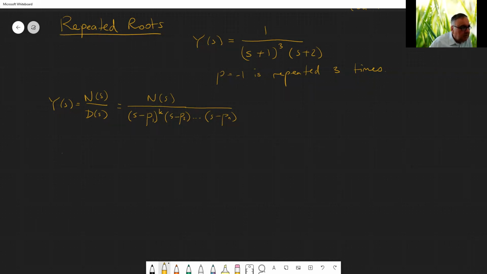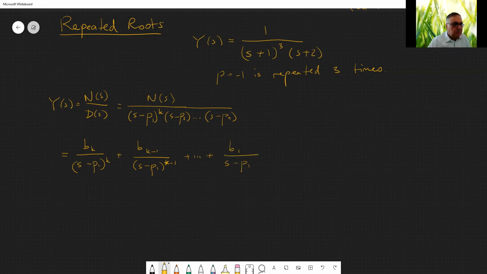In which case, we can write it as b_k over (s minus p1) to the power k plus b_(k minus 1) over (s minus p1) to the power k minus 1 plus, and so on, up to b_1 over (s minus p1). This concludes the opening up of the multiple root. Then I will write the other roots, a2 over s minus p2, plus and so on, a_n over s minus p_n.